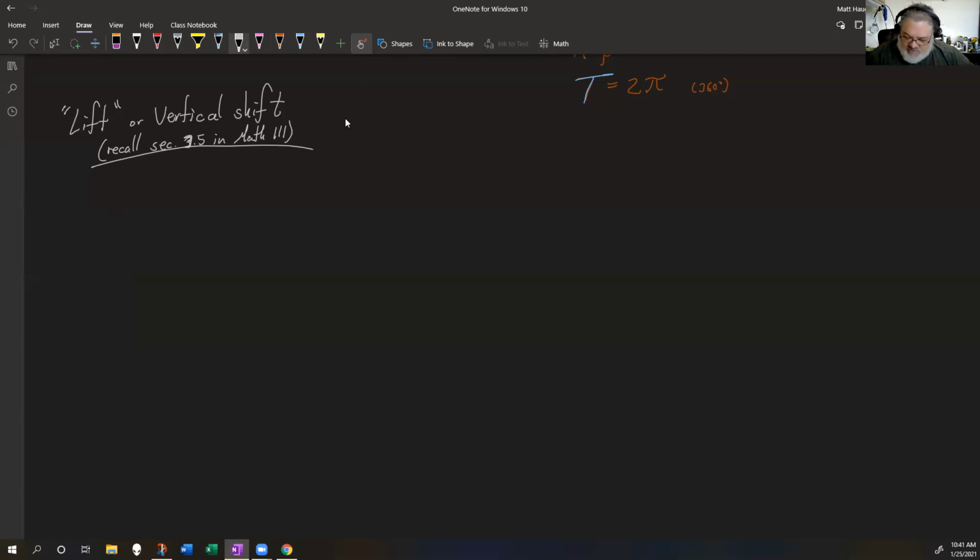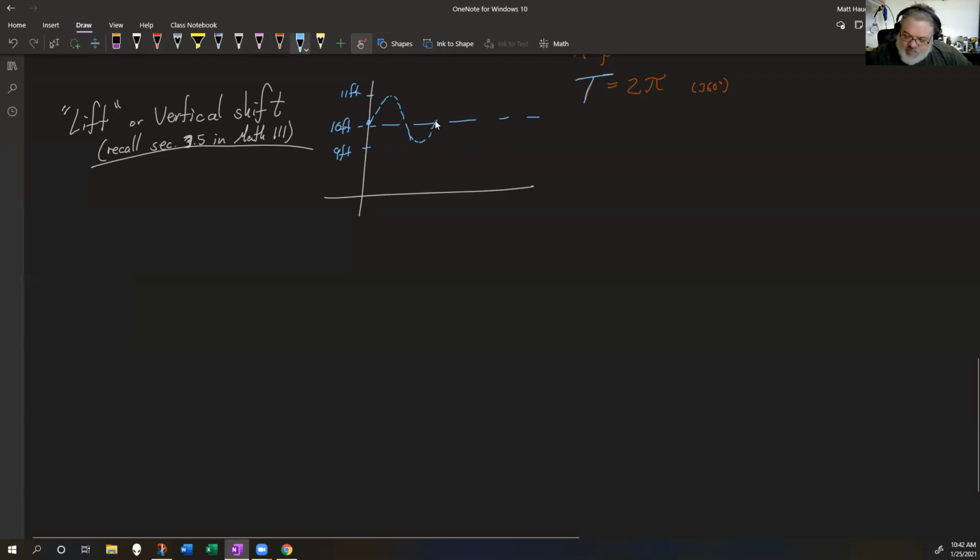So if we want a function that, like I was talking about with the tides, centers at 10 feet high, but goes up to 11 feet and down to 9 feet. So instead of going between -1 and +1, it's going between 9 and 11. It's still only going up 1 and down 1.